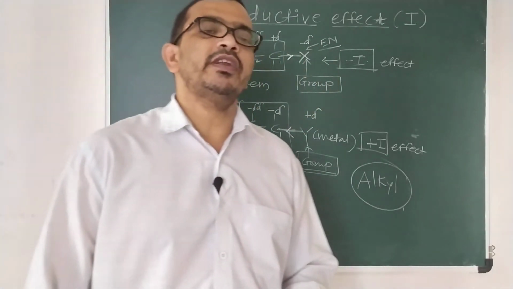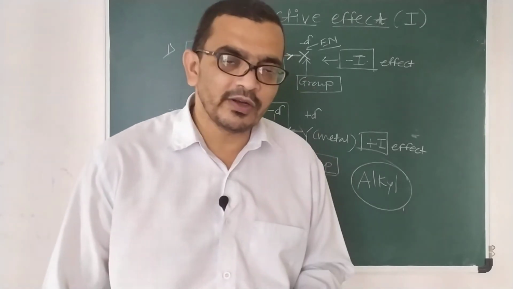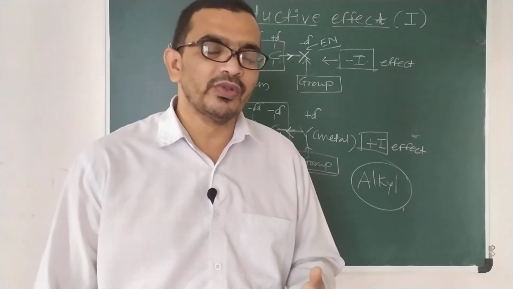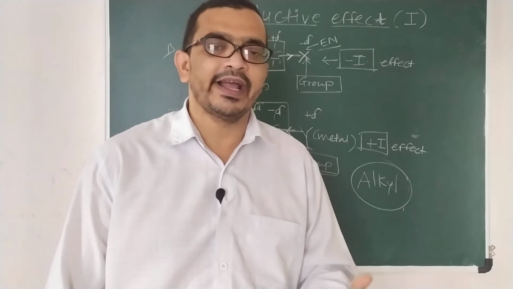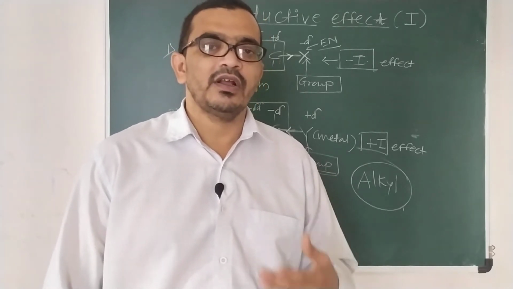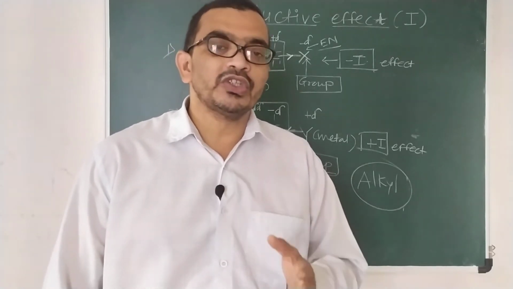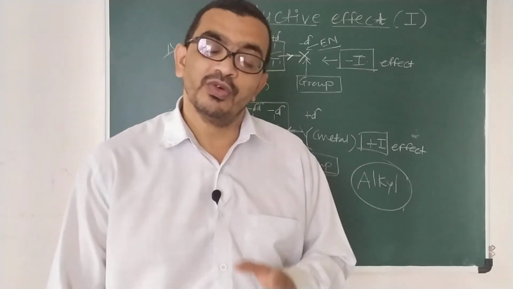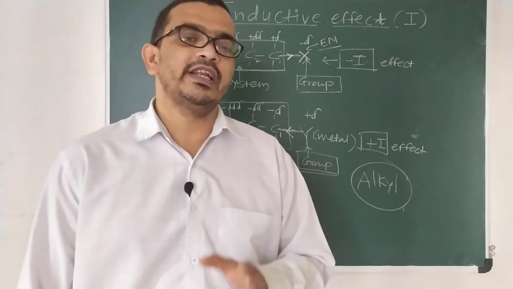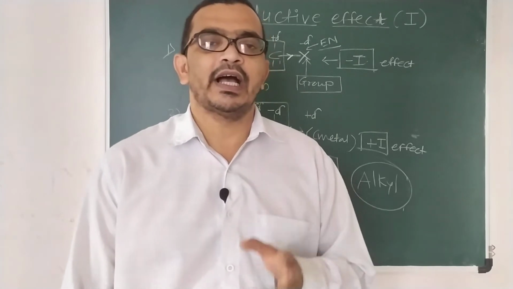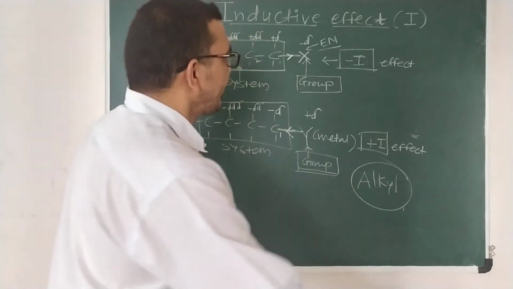And whatever the different functional groups are, what are the different functional groups? You know that alcohol, ketone, aldehyde, acid, ester or cyanide, these are the functional groups. If this type of functional group is there, then definitely there is the minus I inductive effect. So keep in mind these tricks.